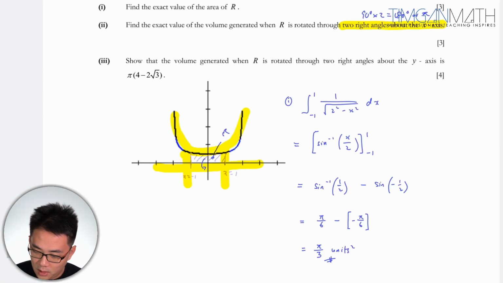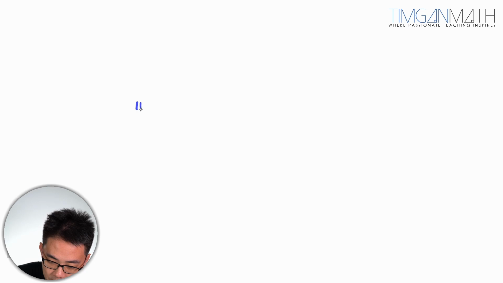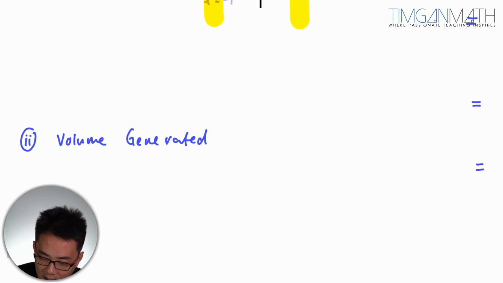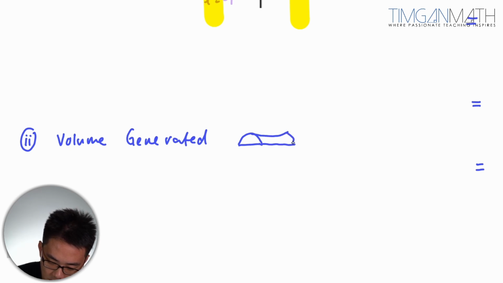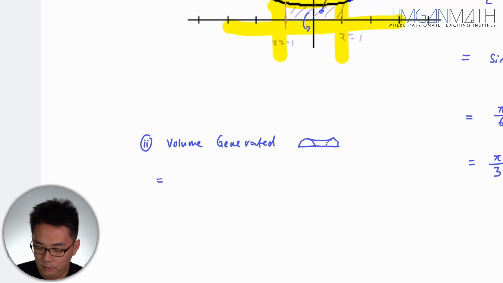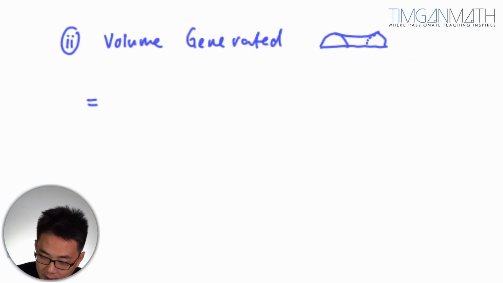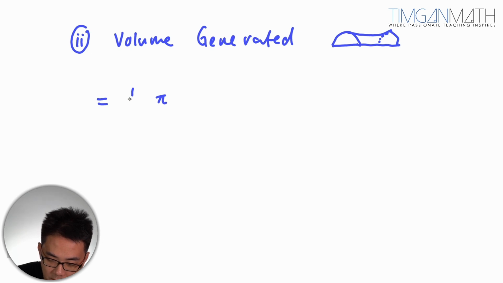So when we are doing this part 2, we will get the volume generated, which is basically just half of it. What we need is just half of pi, the integral from -1 to 1 of y squared dx.